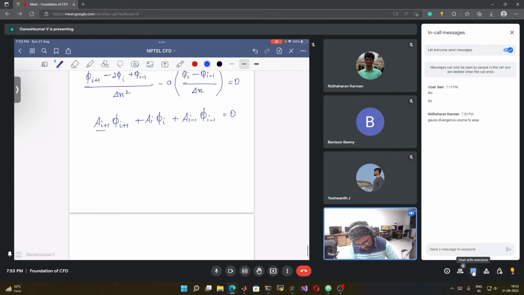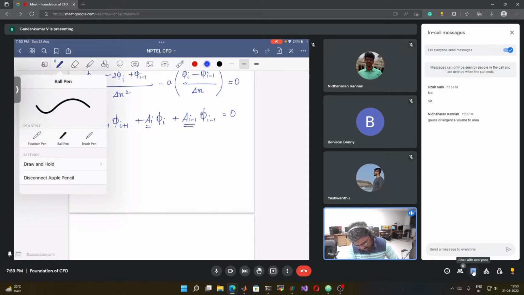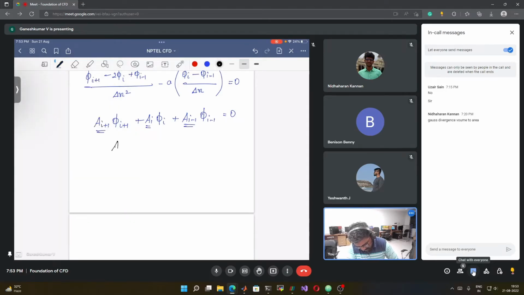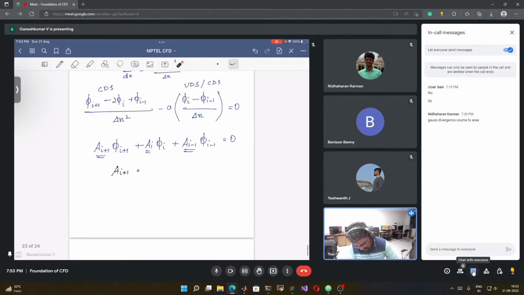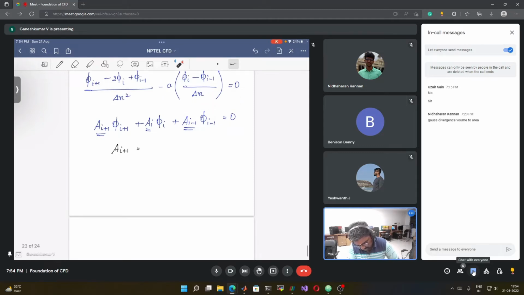Similarly you can do it for CDS also. The only thing that is going to change is the coefficients, right? So let's write the coefficients for this. What would be AI plus 1? AI plus 1 is 1 by delta x square, right? We don't have I plus 1 in the first-order term, so it should be 1 by delta x square. What would be AI?